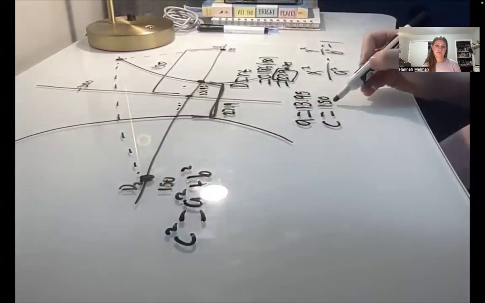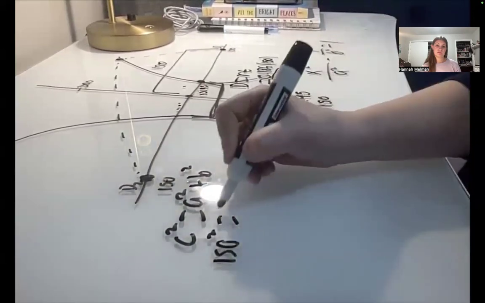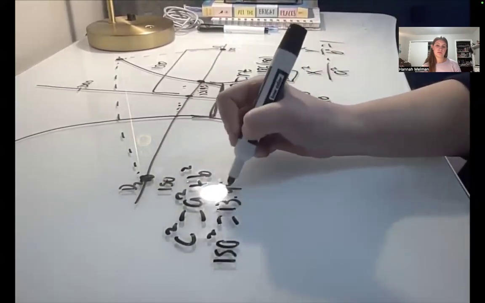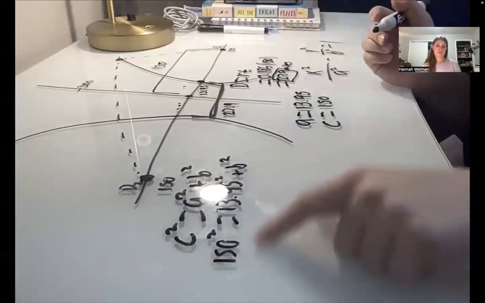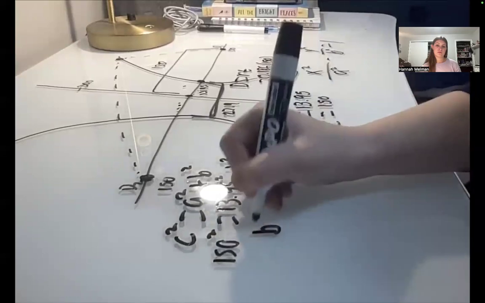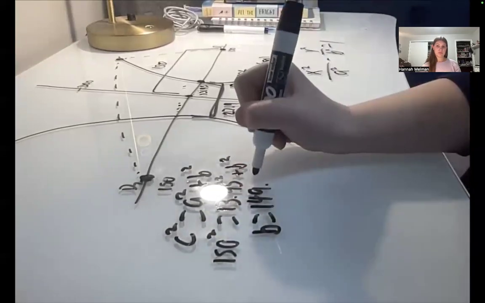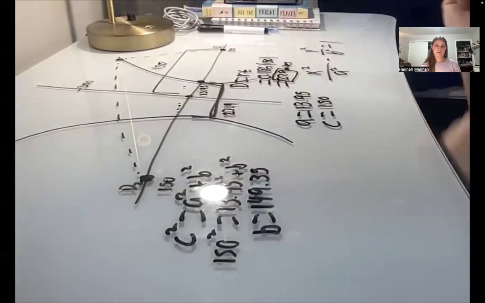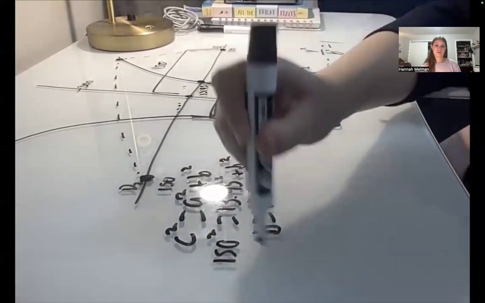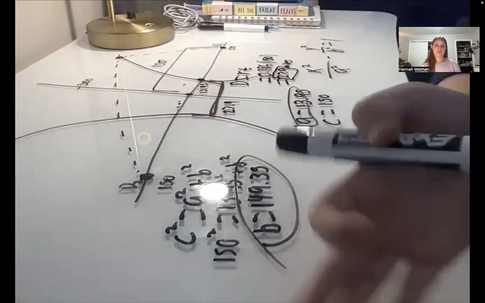We know that c is 150, and we know a is 13.95. And so b comes out to be 149.35.